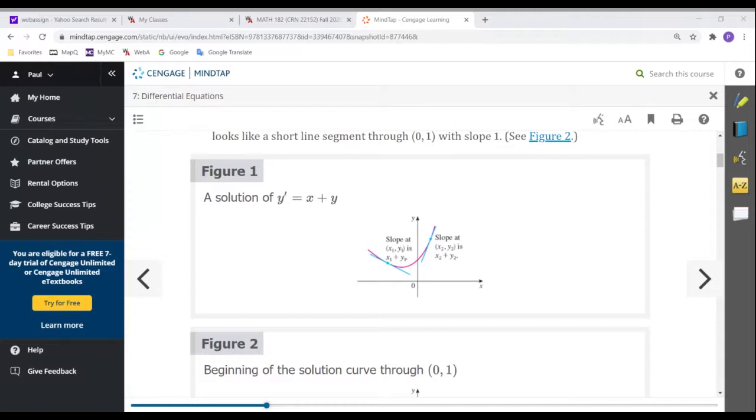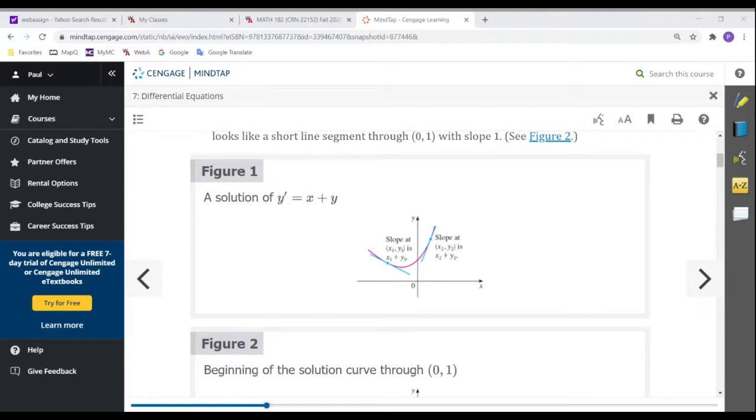Okay, but in this second quadrant, if you look at x1, y1, is x1 positive or negative?